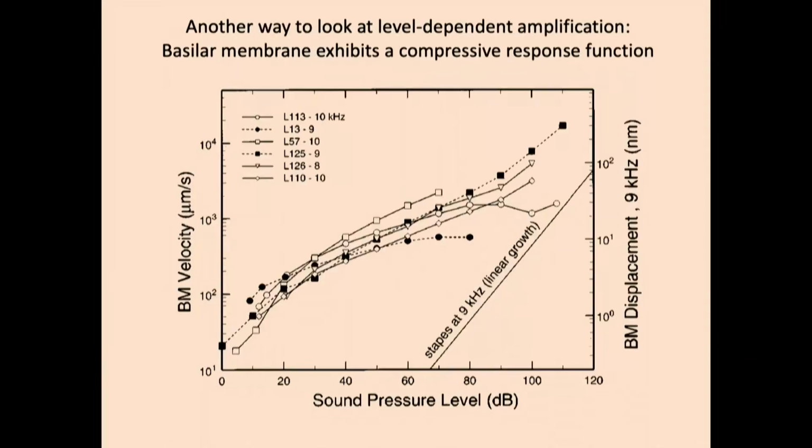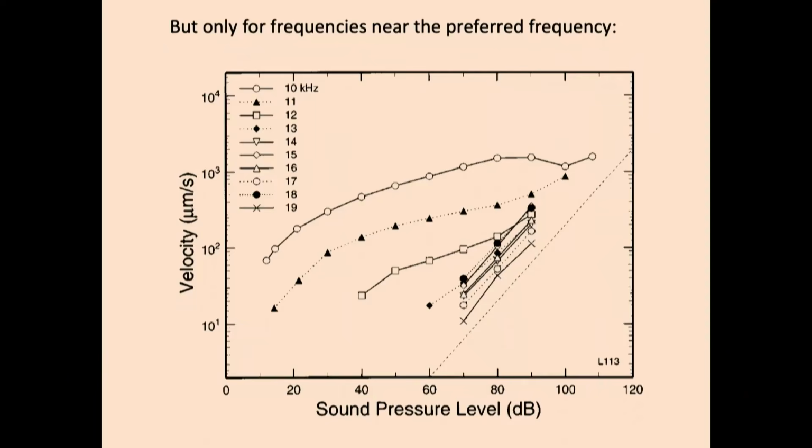Yeah. What is the characteristic frequency? So the characteristic frequency is the frequency to which a given place on the cochlea is most sensitive, responds the best. So like in that graph, what would it be? In this graph, it would be 10 kilohertz.